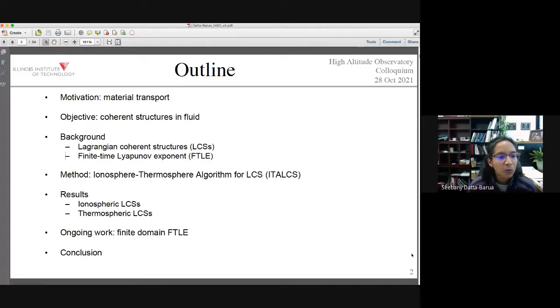Our algorithm for doing these calculations is called ITALICS, and I'll show you some results, what we found in the charged layer of the atmosphere, that's the ionosphere, and then the thermosphere as well. And if there's time, this last little bit of ongoing work we have working with finite domains rather than a global spherical atmosphere.